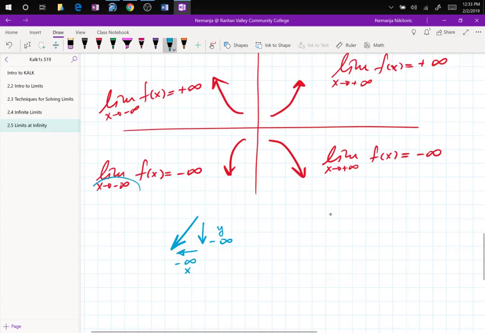And you can see them both being negative infinity. If you're talking about this arrow here, it looks like that. It goes forever down and forever to the right. So you have positive infinity for x and negative infinity for y.